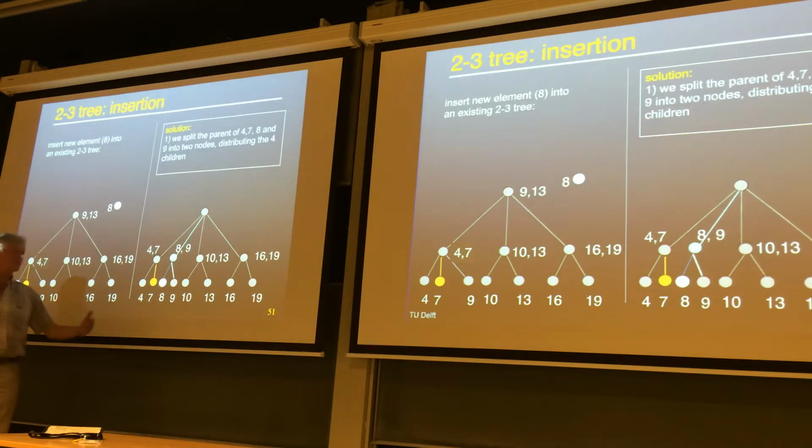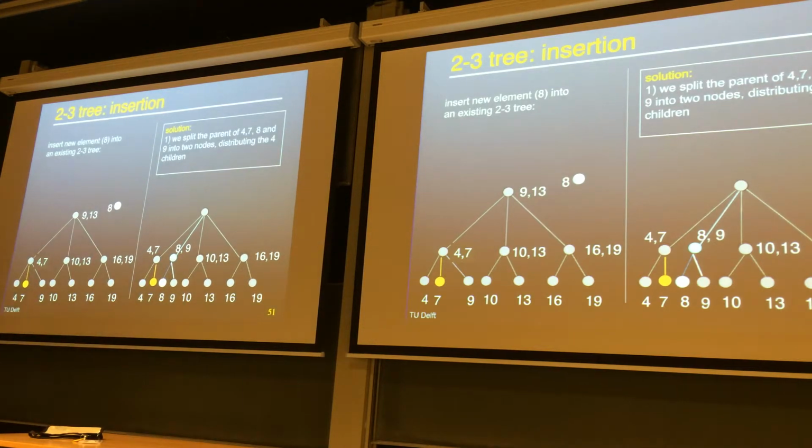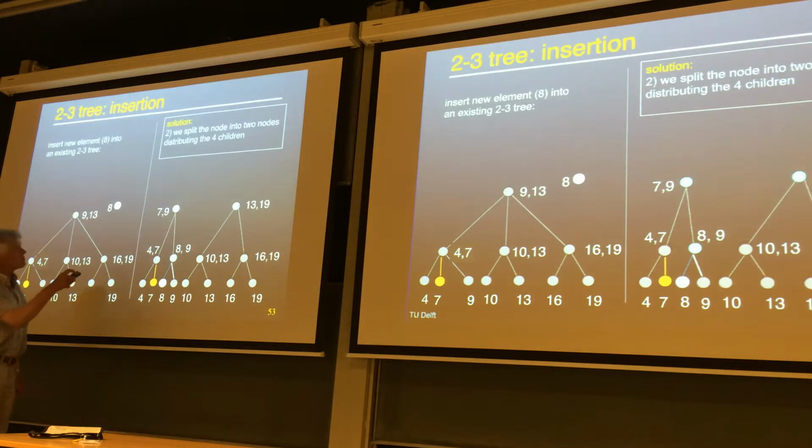Yeah? So you're solving a problem here on the lowest level, and you don't take care for the problem that might occur at a higher level. Yeah? This higher level is to solve for its own problems. Well, this higher level can solve for this problem again by doing the same trick. It splits the root now into 2 nodes. Yeah?